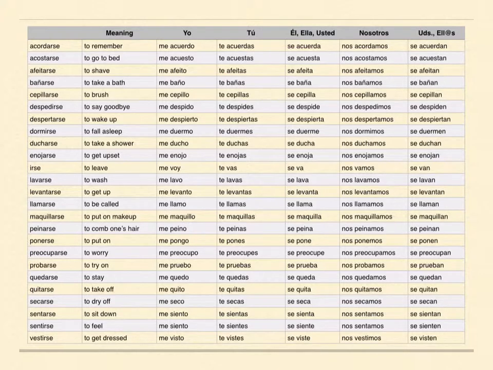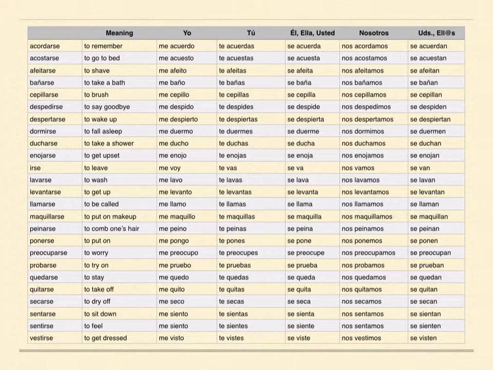And in this case, me is the reflexive pronoun when we use yo. When we're using tú, the reflexive pronoun is te. So we would say, tú te acuerdas. The tú is optional. The te, however, is mandatory. We have to say te acuerdas.